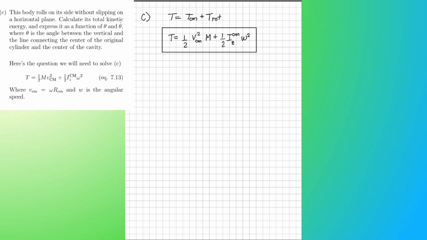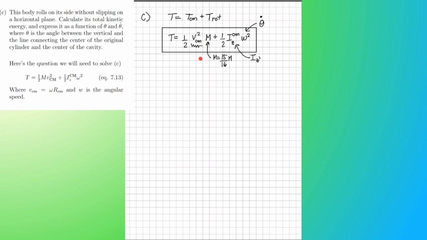So what we have here, we already found from the previous number. It's just equal to the moment of inertia around z prime. The angular velocity is the derivative of theta. The mass, don't forget, is not m in our case because we remove a cavity of the cylinder. So m in our case will be equal to 15 divided by 16 m. So we're only missing the speed of the center of mass.